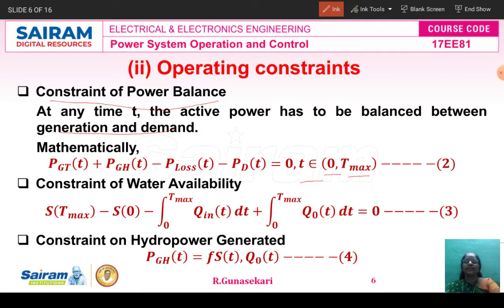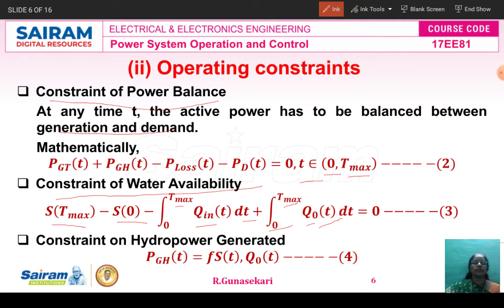Then the second constraint is the constraint of water availability. The constraint equation is S of T max minus S of 0 minus the integral from 0 to T max of Q in, the water inflow of T, with respect to time, plus the integral from 0 to T max of Q naught, the water discharge with respect to time, into dt, equal to 0.